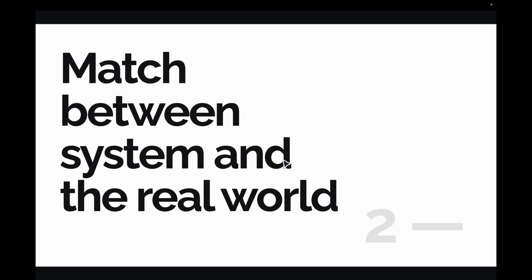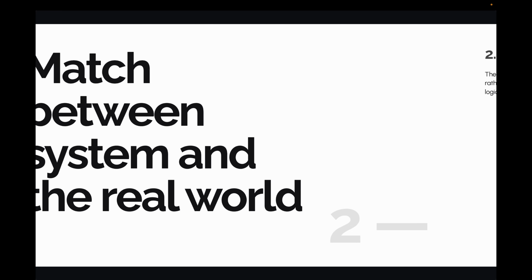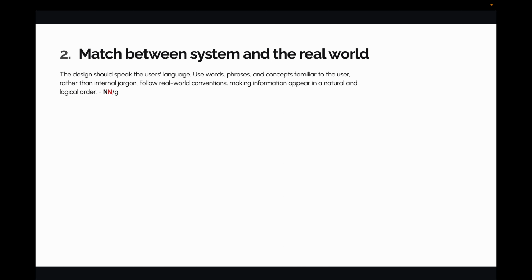Secondly, there has to be a match between the system and the real world. And why is that important? Because a lot of people tend to relate with things from experience. And because we have experienced everything in the real world, if we come across something online that represents that, it's easier for us to make a connection. So let's see what does the website say.